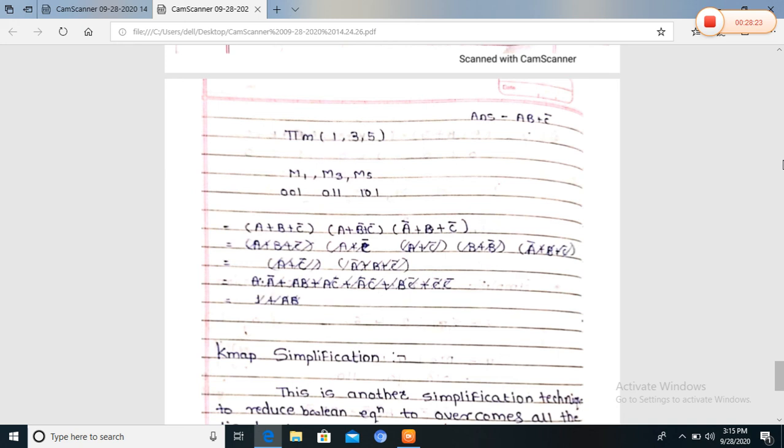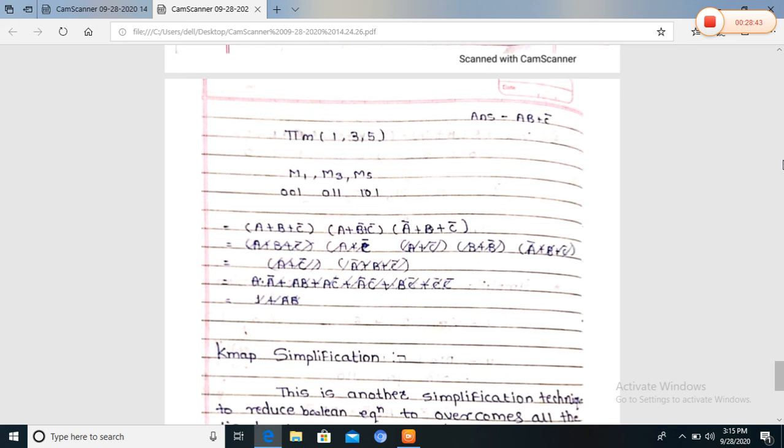So this is M1. 1 means 0, 0, 1. 3 means 0, 1, 1. 5 means 1, 0, 1. And these are required in standard POS form. So A plus B, and 1 is indicated as a bar in a POS, so plus C bar.